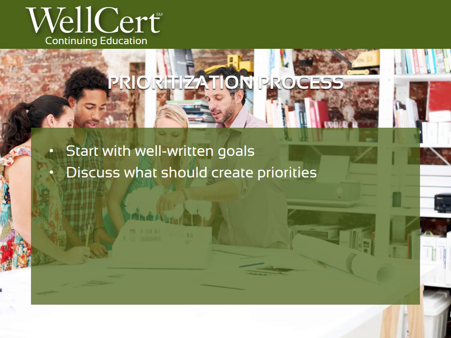Discuss what should create priorities amongst the goals with the group that you're doing this with. You can either do this with senior managers or with an advisory committee, a wellness advisory committee, and or focus groups that you're holding. But you have the opportunity to start with a set of goals that you've crafted into well-written statements, meeting the criteria that we've talked about, and then discuss what should create priorities.